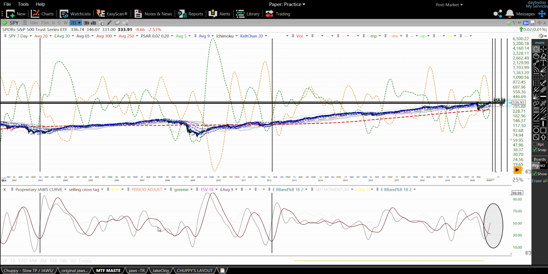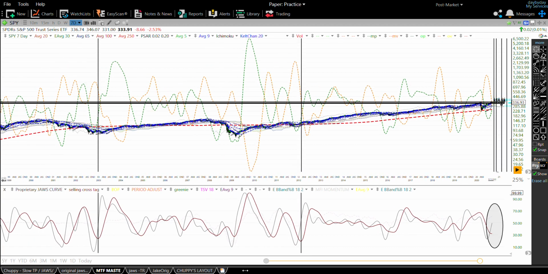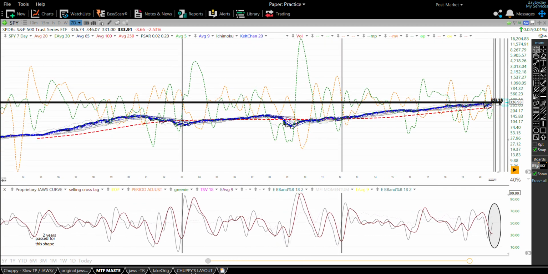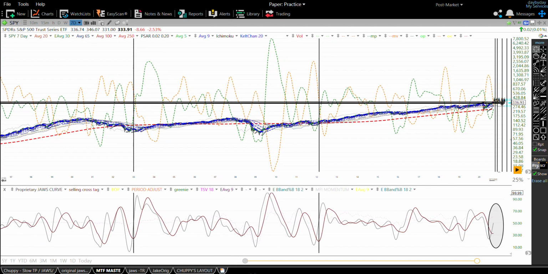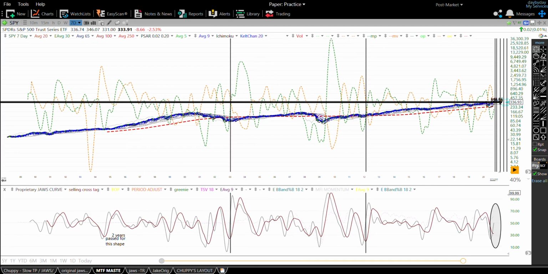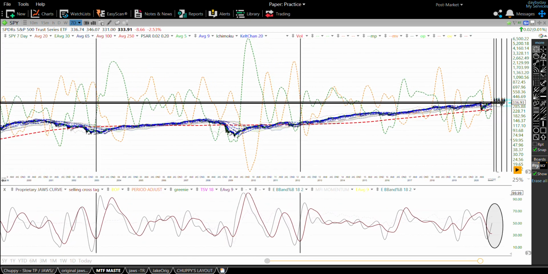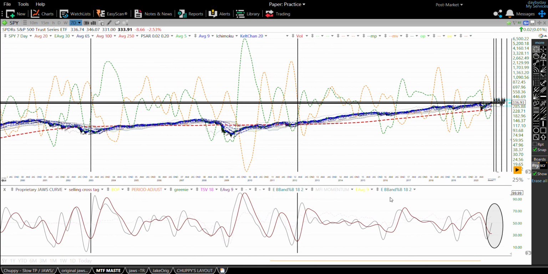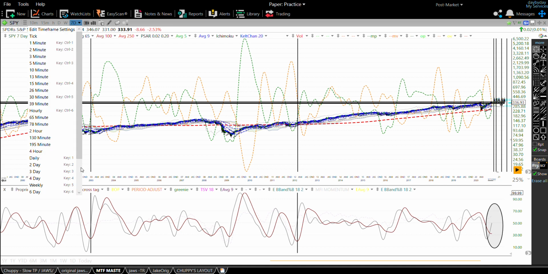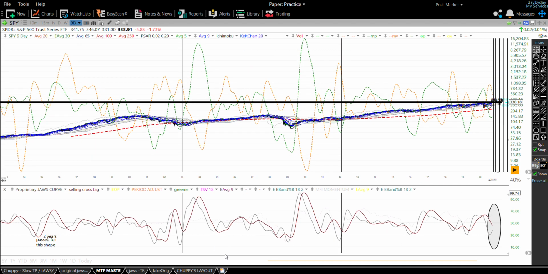You can see how similar it is to 2003, which was my original thought. So that really leaves us with these two similar moments. Again, on the 9-day, what's interesting is that this 2012 moment actually looks more similar than that 2003 moment.